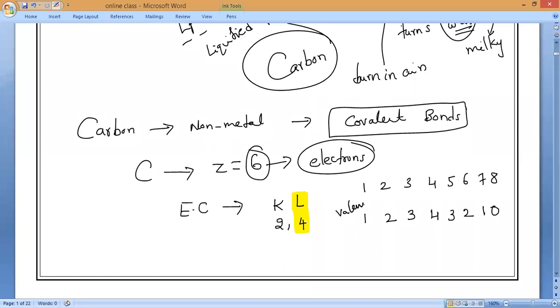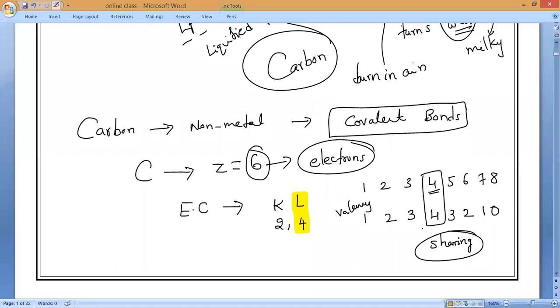So if any atom has 4 electrons in its valence shell, it will never go for donating or accepting. It will go only for what? Sharing of electrons.